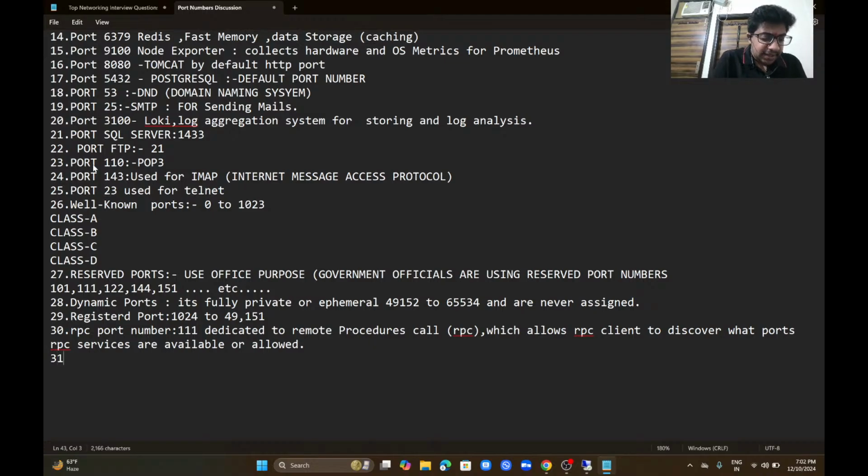And port 37 is used for time. It allows clients to synchronize their time on a network.